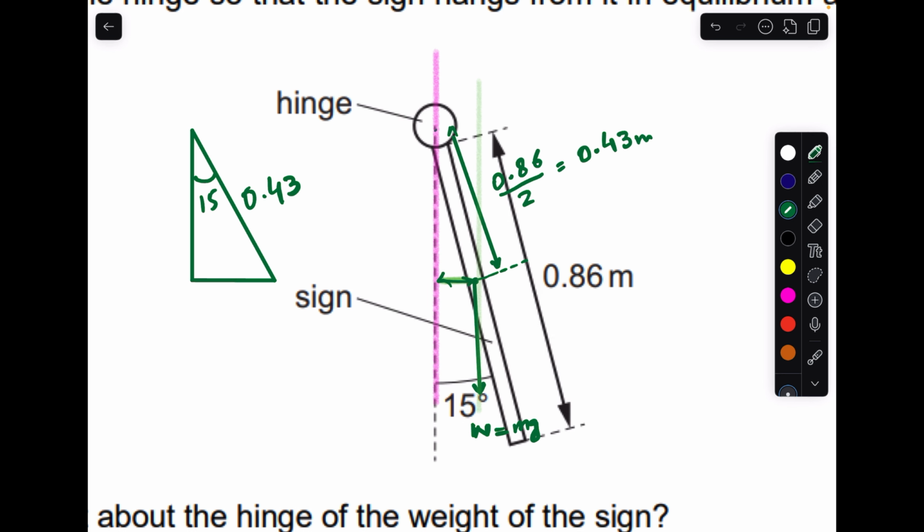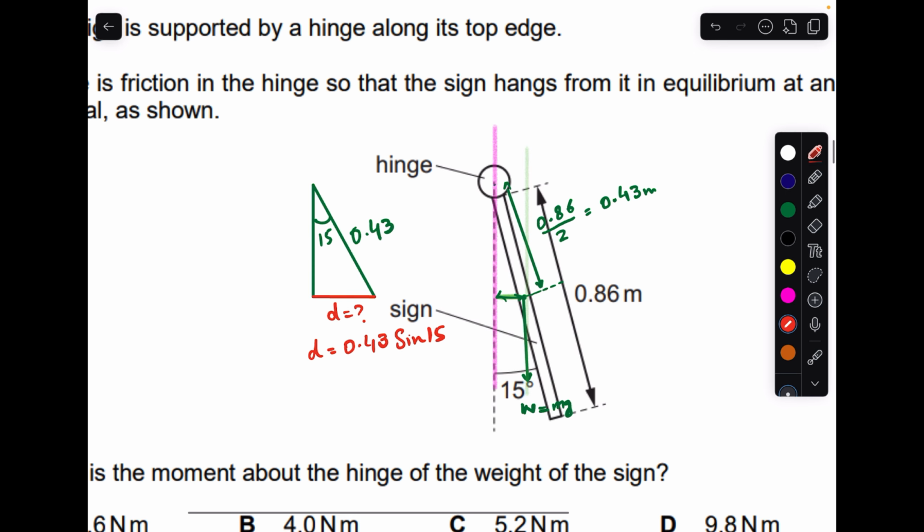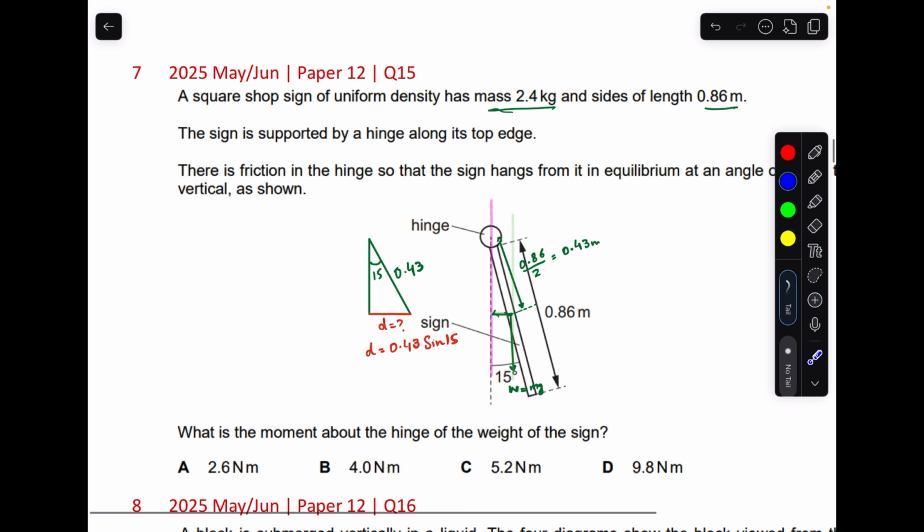And what I need is from there to there. Okay. So this distance D will be 0.43 sine of 15. And this side will be cos of 15 because this is the base, it is attached with the angle. Okay. So this is the distance and you have the force, so you can find the moment.